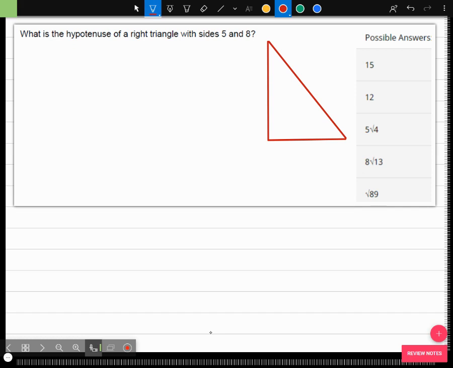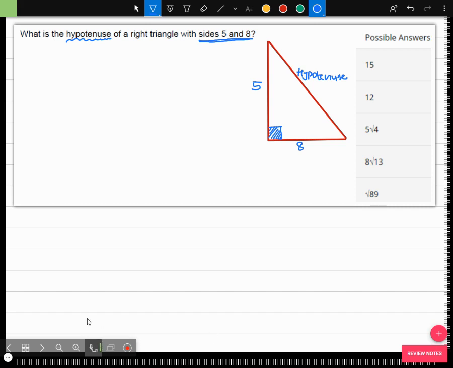Two sides are given as 5 and 8, so let's say one side is 5 and the other side is 8. Remember that it is a right angle triangle. What is the hypotenuse? The side opposite to 90 degrees is known as the hypotenuse.